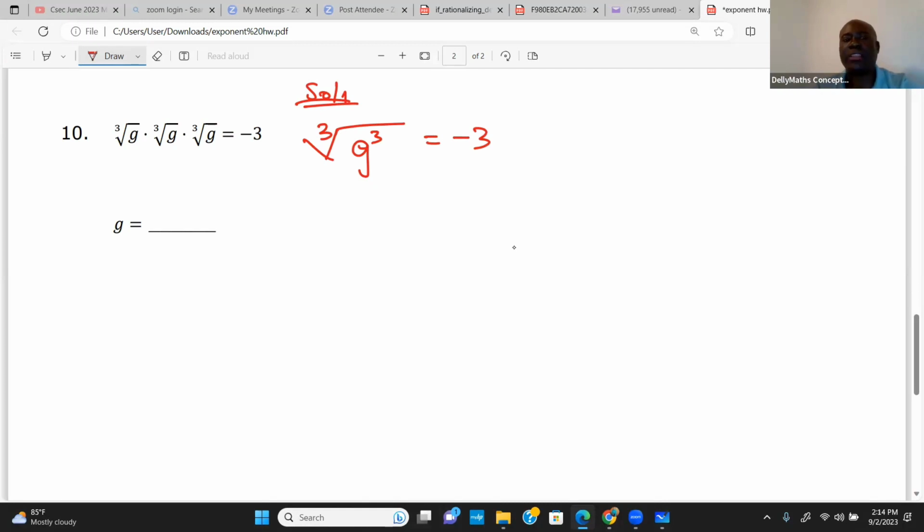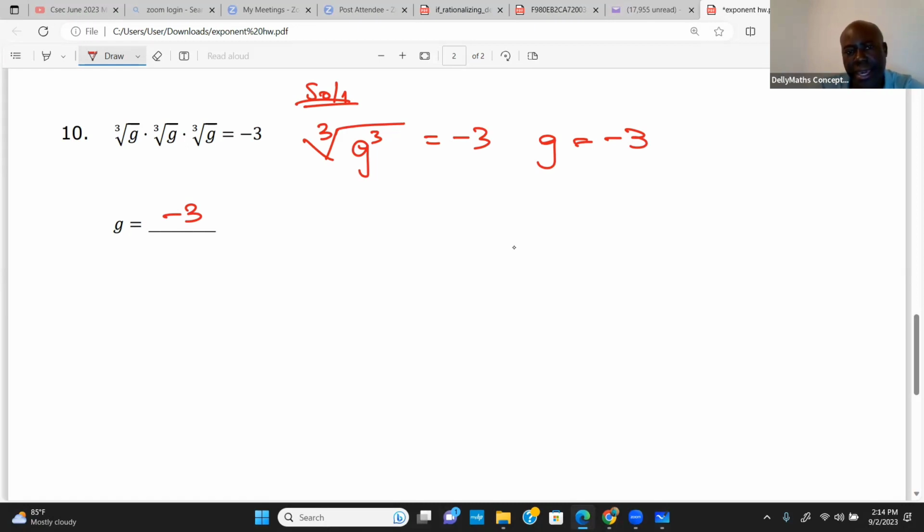What I'm suggesting here is we're taking the cubic root of g cube. A cube and a cubic root are inverses, they cancel out each other. So g is simply -3, because the cubic root and a cube will cancel each other.